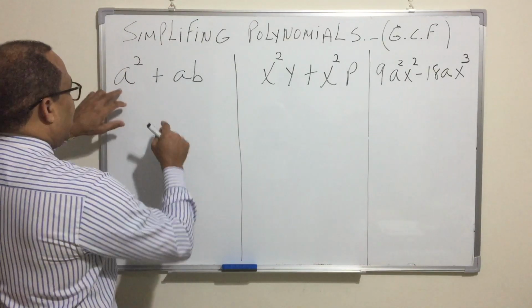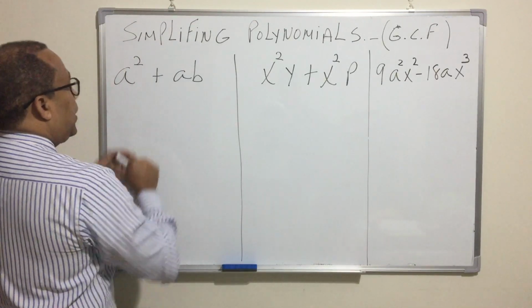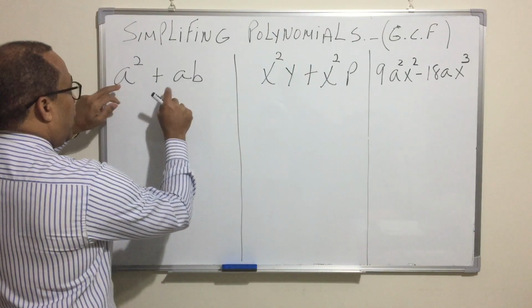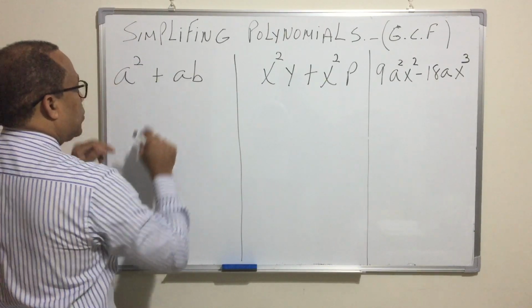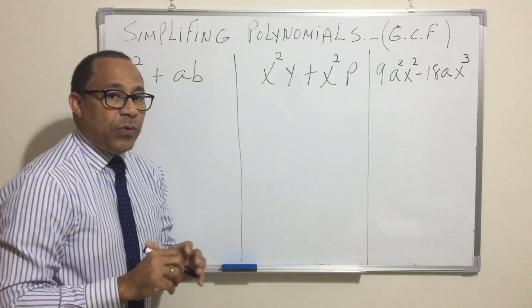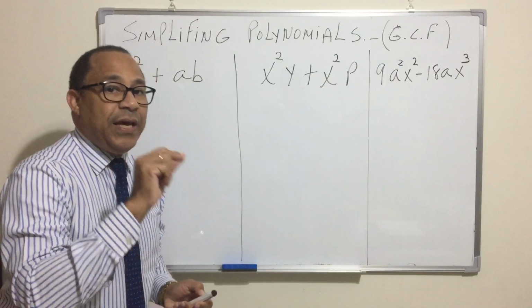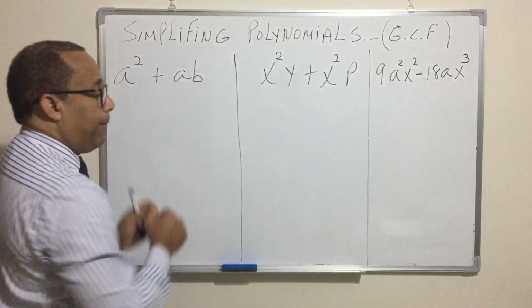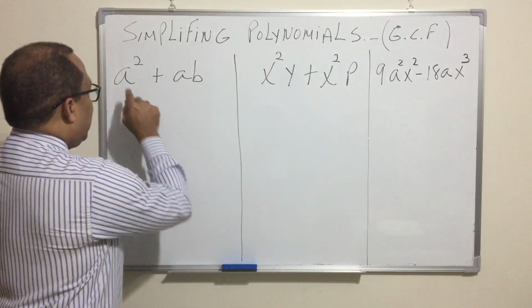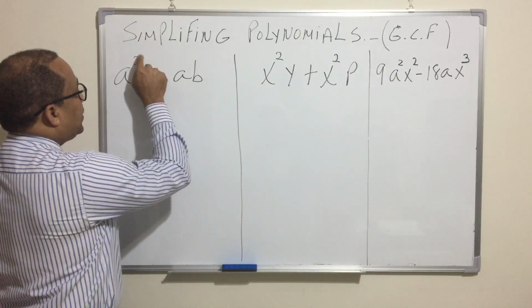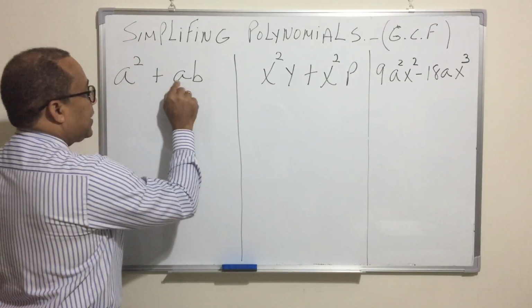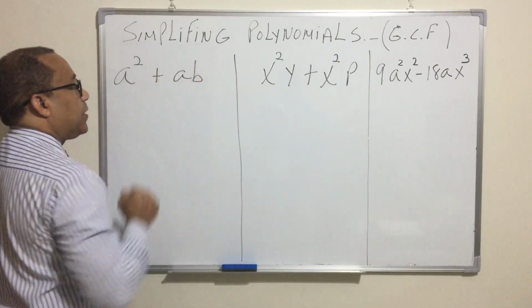We have said that A is the common variable. The greatest common factor between these two variables will be the variable with the lowest exponent between them. This a to the second, the exponent is the number 2. And this a, the exponent, is the number 1.